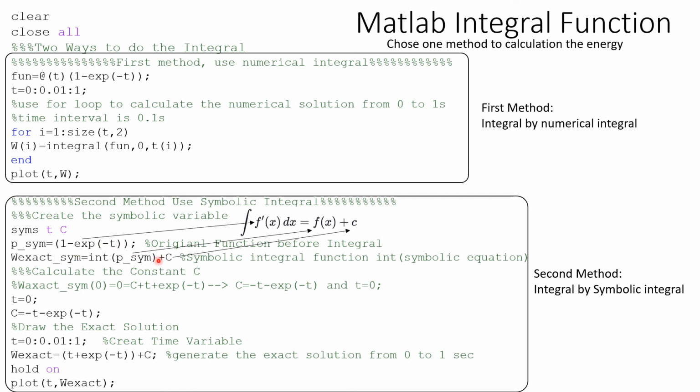And after the integral, we will have a certain constant, c. Because we don't know what c is, we need to use the initial value. In this example, I assume it is 0. So I will get the solution looking like this: 0 should be equal to c plus t plus exponential minus t.